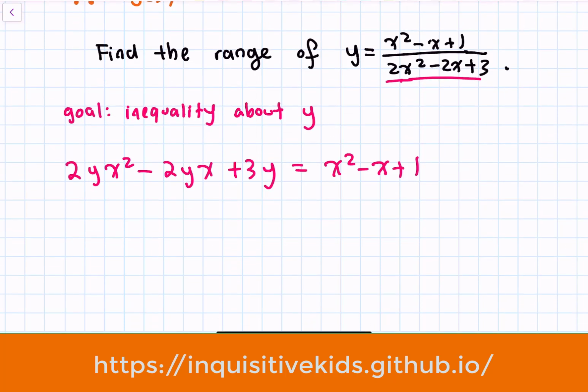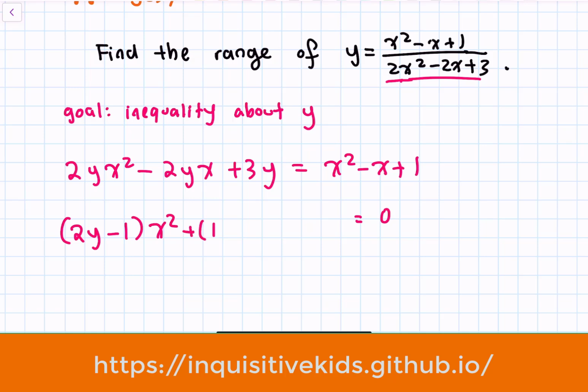And then we want to turn this into a quadratic equation that we are familiar with. So we can subtract the entire right side on both sides. Then on the right, we would be left with 0. And on the left, we have 2y minus 1 times x squared. You see how I did the distributive property, factoring it out?